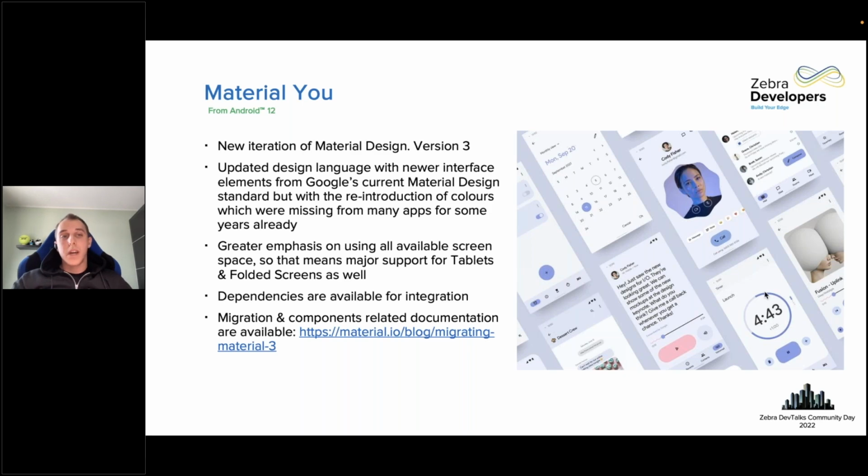And at the same time, we also have migration and components related documentation in case you want to check out more specifically the changes which have been made with Material U.